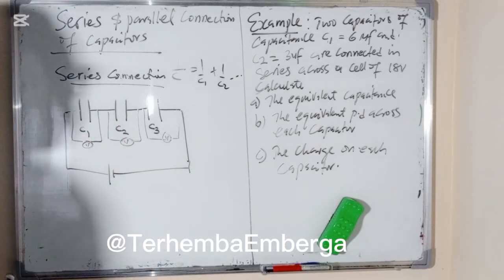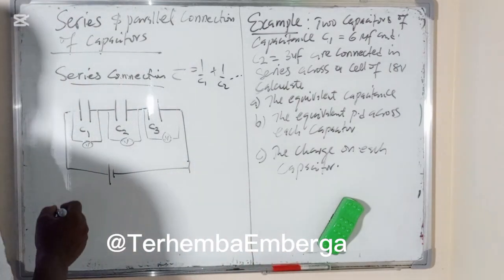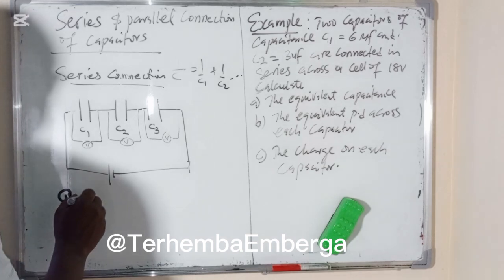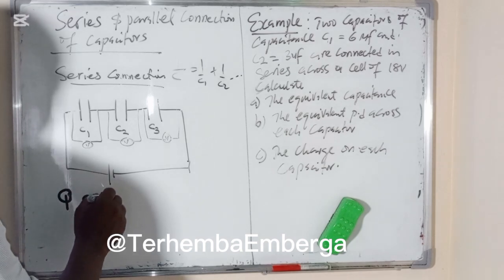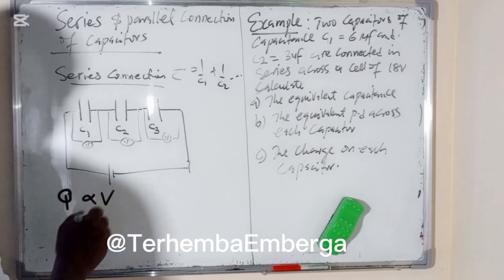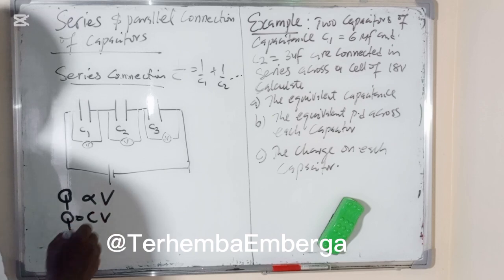From our previous class, we said that the quantity of charge in the capacitor depends directly on the potential difference. I will say that Q is equal to CV. We have done this.